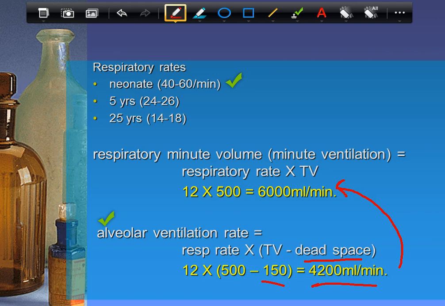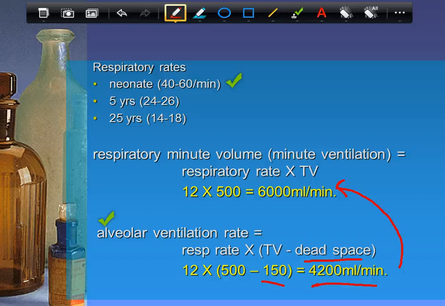So if you have something like tuberculosis or you have lung cancer and there's a bunch of dead tissue in the lung, the air is just going to be sitting in that dead tissue, that's dead space, and it's not in an area where it can diffuse across a membrane. That increases your dead space and it decreases your alveolar ventilation rate.